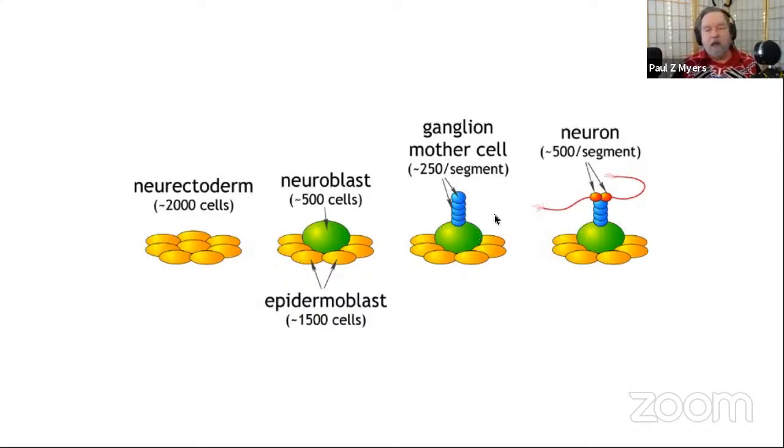So they form long lines, sort of a conga line of ganglion mother cells. And then these ganglion mother cells will eventually divide one more time, just one more time, and produce neurons in that segment. It's very stereotyped. That's the cool thing about it, it's very repetitive.